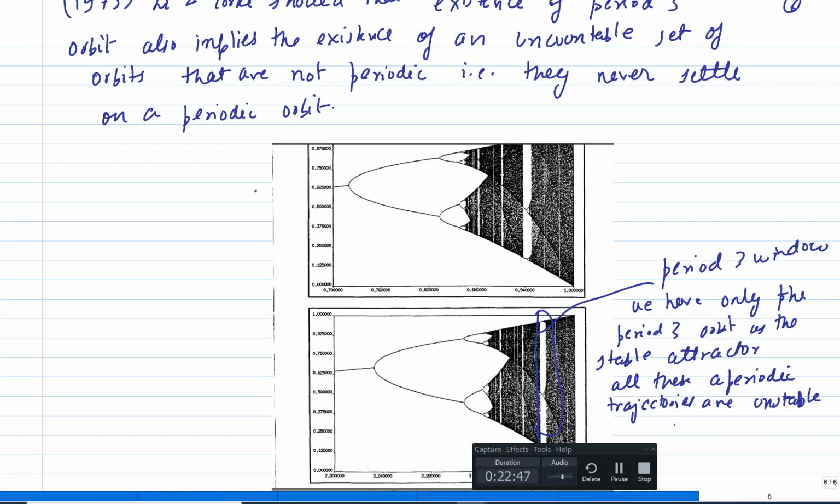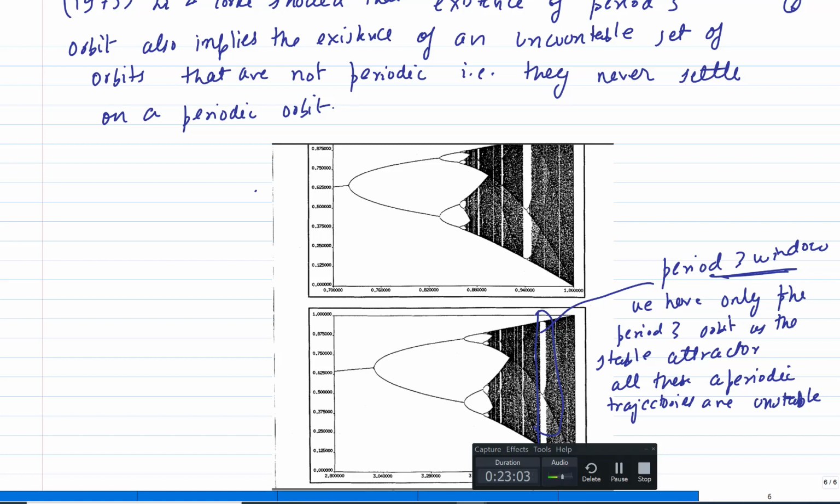So imagine you start very close to such an unstable aperiodic orbit, not exactly on it, but very close. Eventually you will end up on the period 3 attractor.